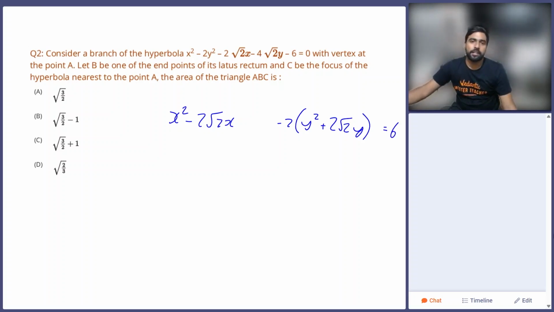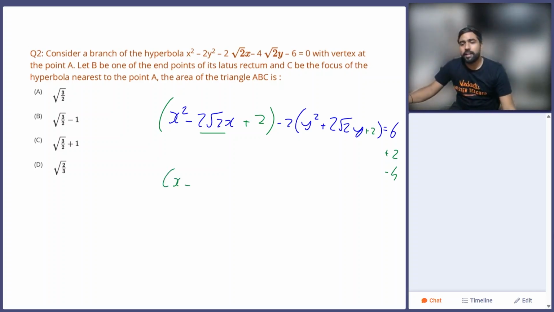Okay, so this is the format that I have nearly. Now how will I complete the square? For x square, to complete the square, I have minus 2 root 2, so I need a plus root 2 whole square. So basically I will add a 2 on both sides. Over here I need again root 2 whole square, that's plus 2, but because I've added 2 over here, indirectly what I've done is I've subtracted 4 over here, so I'll have to subtract 4 over here as well.